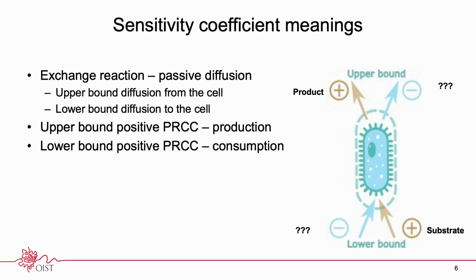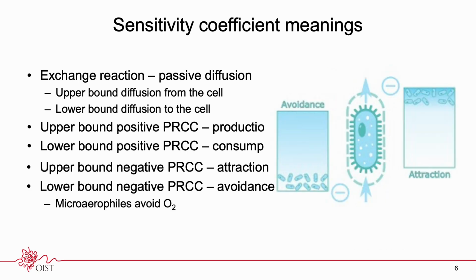But we also have examples when the correlation coefficient is negative, and in this case that could be interpreted as an attempt of the cell to minimize influx or outflux of a particular compound, which could correspond to looking for areas with lower or higher concentration of that compound.